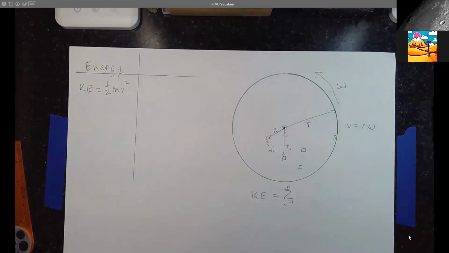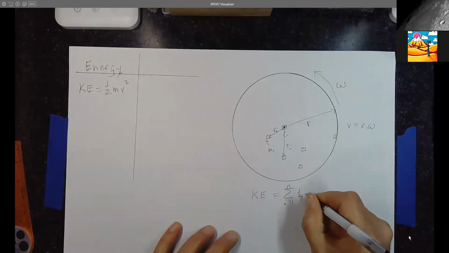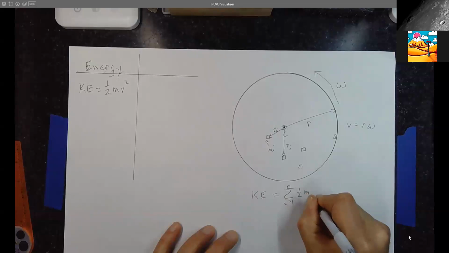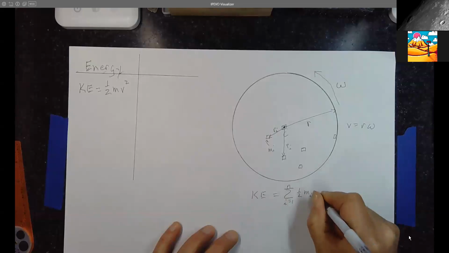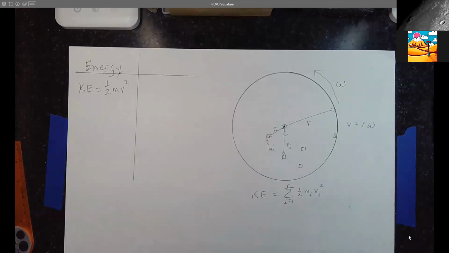And then for every one of those little chunks, we'll take 1/2 m sub i times v sub i squared. Okay, so we'll have to go to all that trouble and try to figure this thing out.